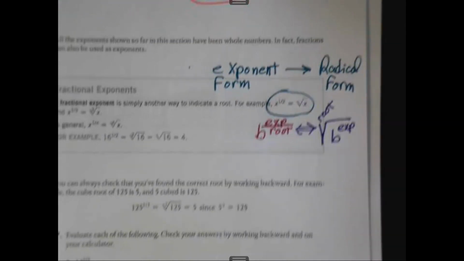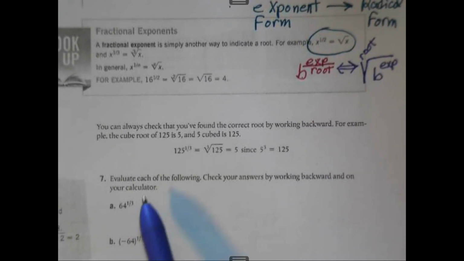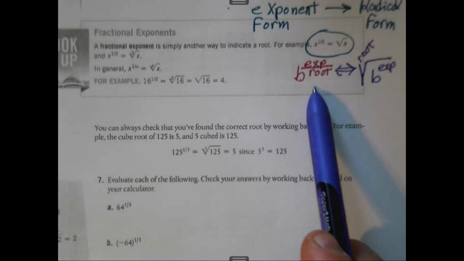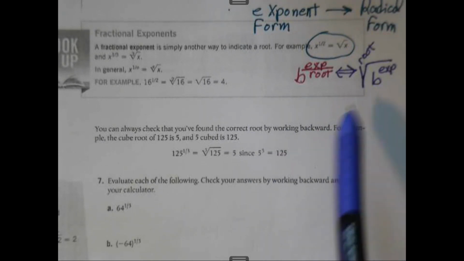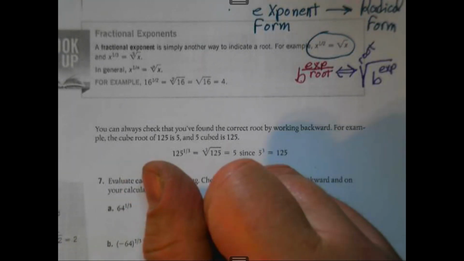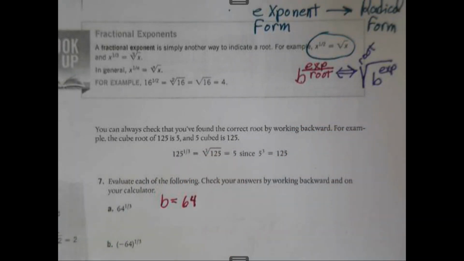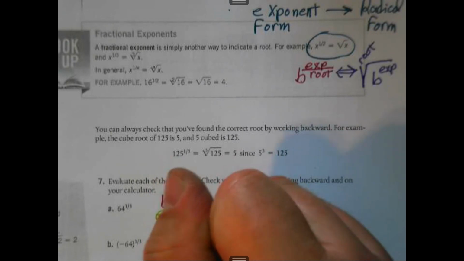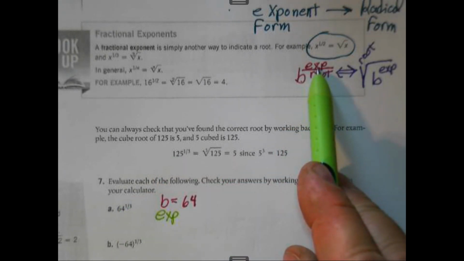In other words, if I have 64 to the 1/3, which is in exponent form, they want us to do it in radical form. Well, my base here, 64, my exponent is the numerator of the fraction.